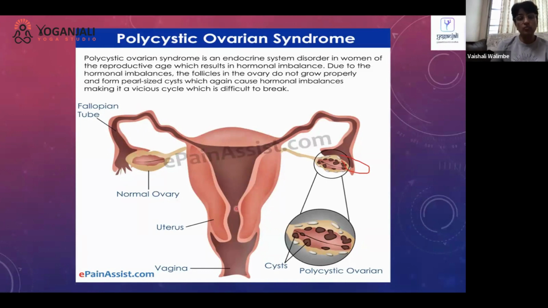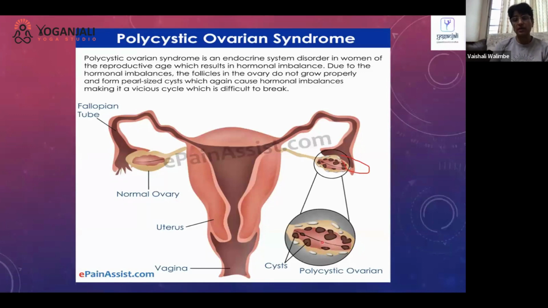But what happens in PCOS is that the eggs do not mature and the follicles do not break, and a cyst forms in the ovary itself. Even if the sperm comes inside, it will not fertilize the egg because it has not matured properly.